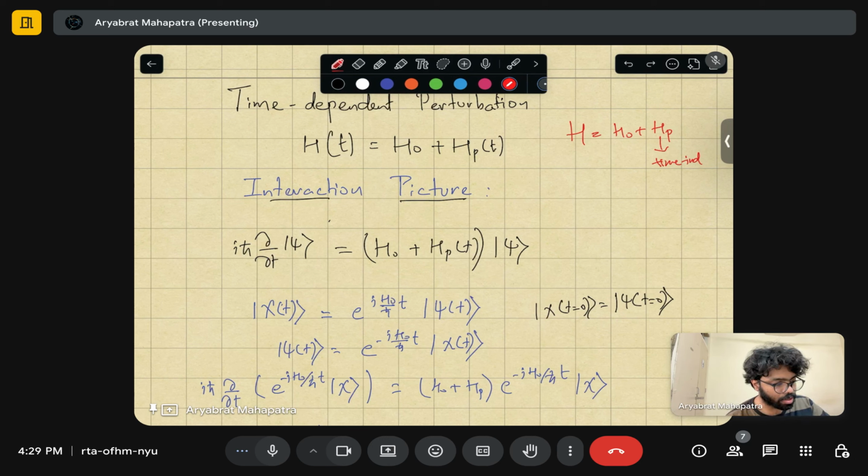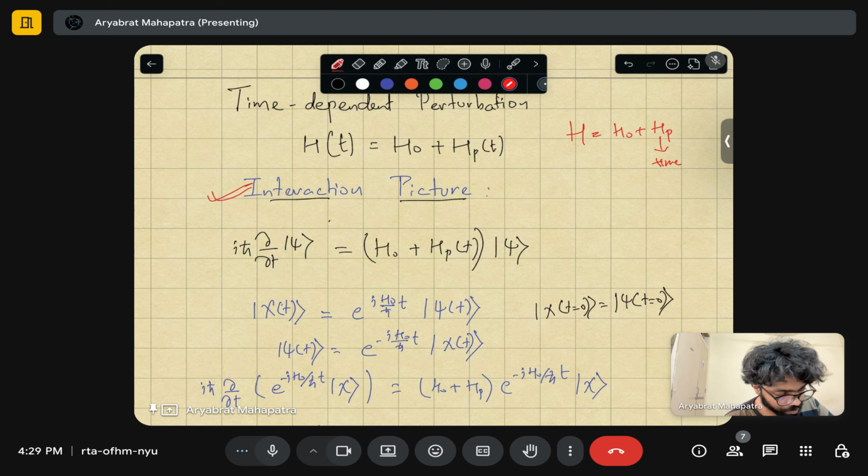Before going into time dependent perturbation, we have to learn how to solve the Schrodinger equation in a different scenario where you have time dependence, which is called the interaction picture.